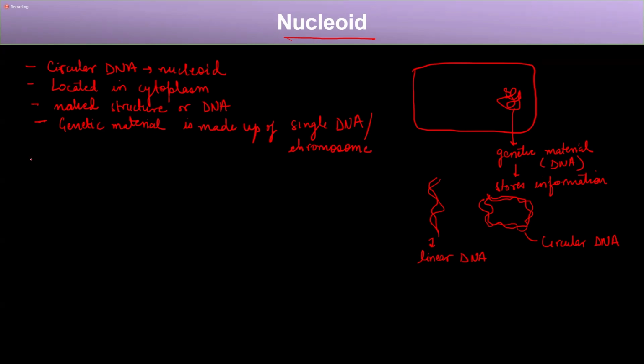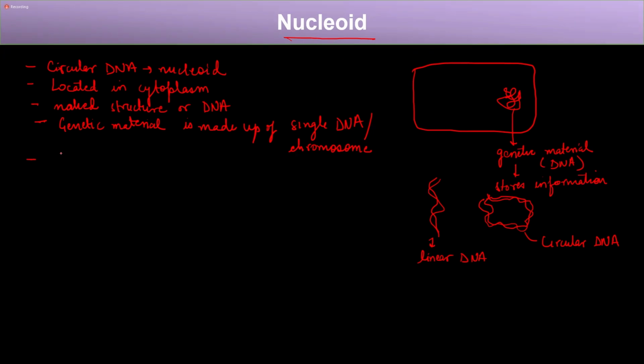Now, this nucleoid is called the main genomic DNA. Okay. So if you remember, I told you what this genetic material does. It stores the information. What kind of information? It stores all the information that tells the cell what kind of chemical reactions have to be done, right? It means that this genetic material should have all the information. And in the case of bacteria, the nucleoid is that genetic material.